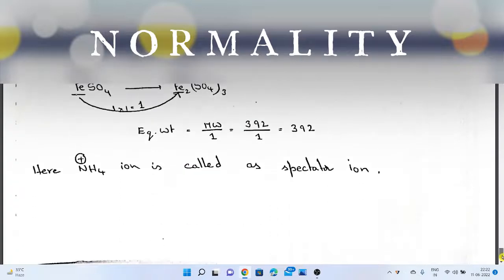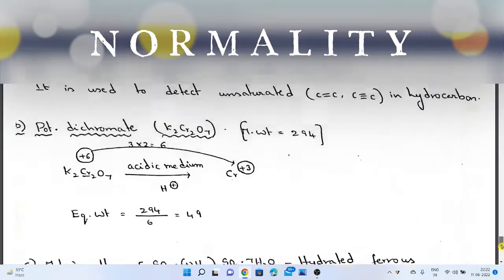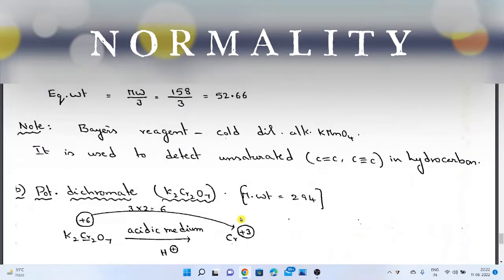So equivalent weight equals molecular weight divided by 1, so 392 by 1. So for any kind of equations, you must understand that gram equivalent weight is calculated by molecular weight divided by different factors, with different formulas used for acids, bases, salts, ions, and oxidizing and reducing agents. Thank you so much.